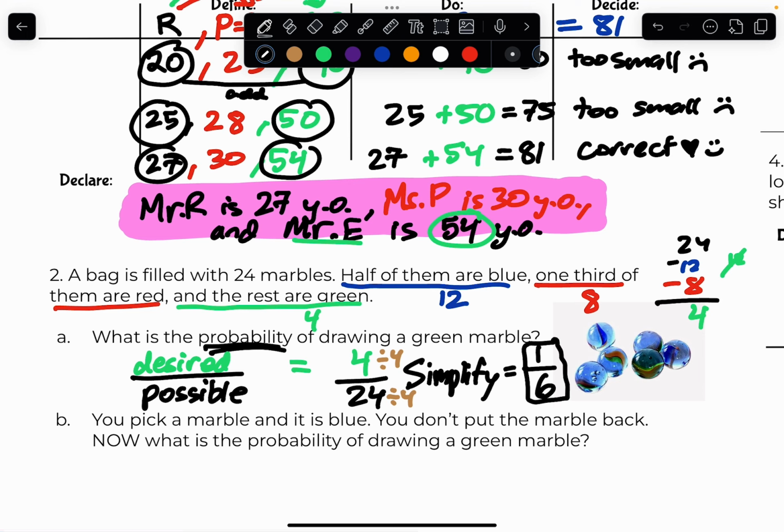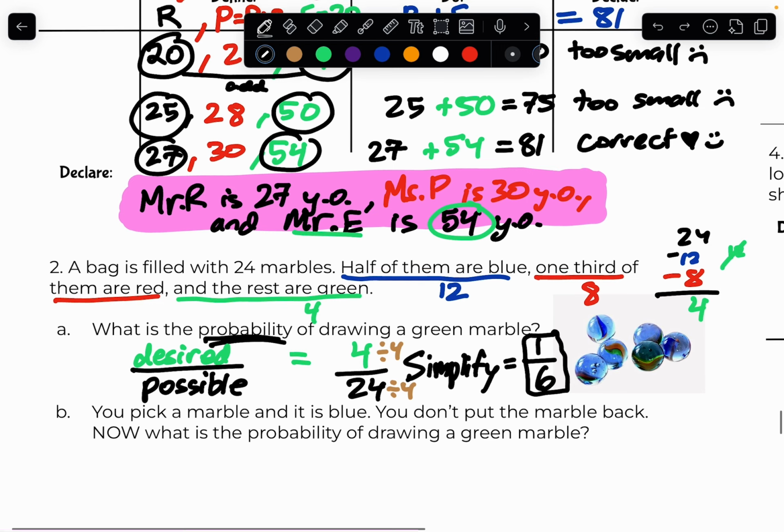So there is a 1/6 chance. Are the chances of pulling green high or low? Yeah, 1 out of 6 is pretty low. Just like 4 out of 24 is a low chance. They're equal, actually, equivalent fractions.